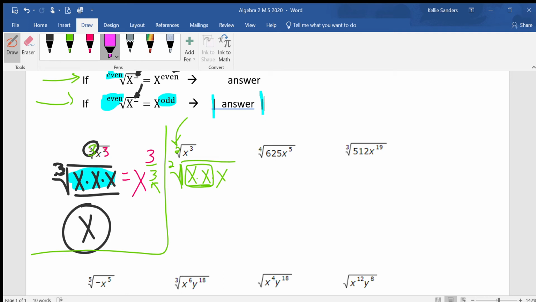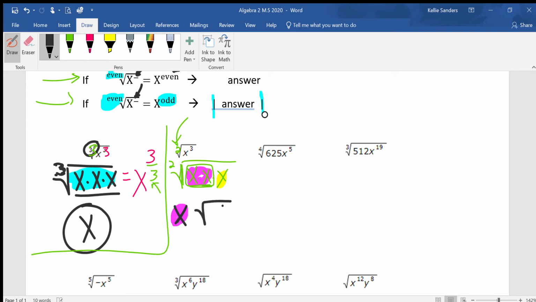So because I have a pair of x's, that x is going to go to the outside. But this x didn't have 1 to go to the outside. So it has to stay on the inside. Okay? So I've done the problem.